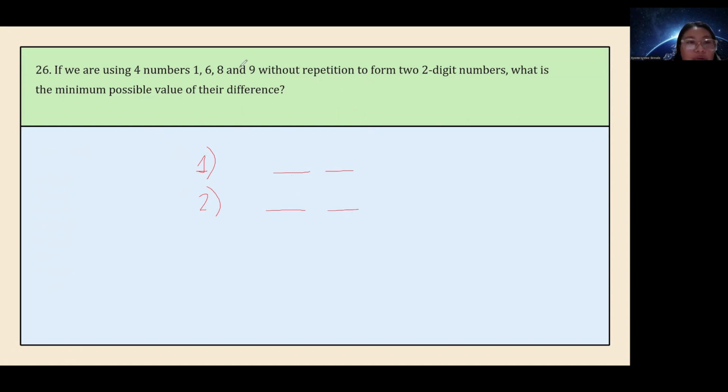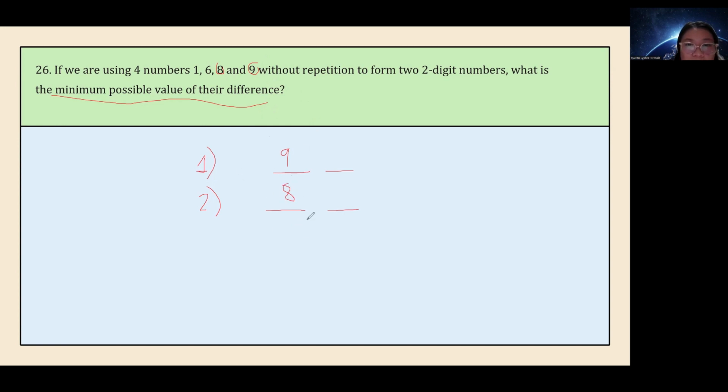Now, if you want to have the smallest difference possible, you want your tens digits to be very close to each other. So from these digits, 8 and 9 are just consecutive numbers. So they are close to each other, right? So we will put 9 here and 8 on the second two-digit number.